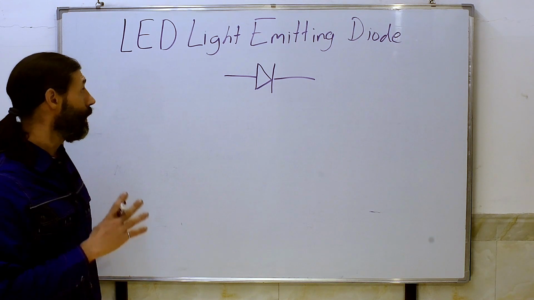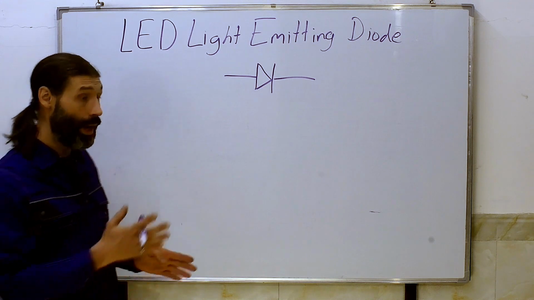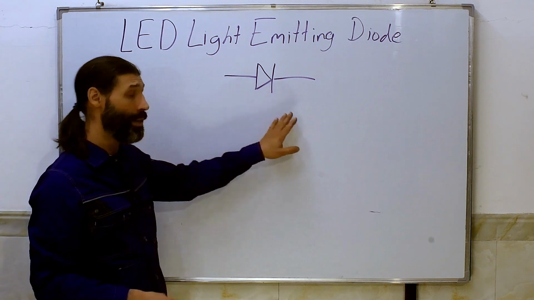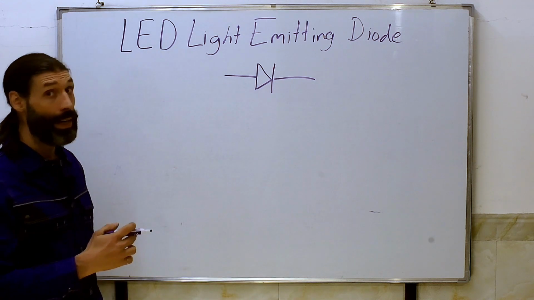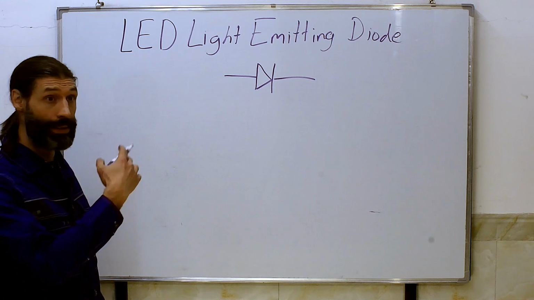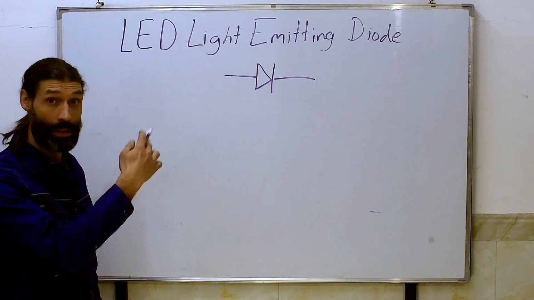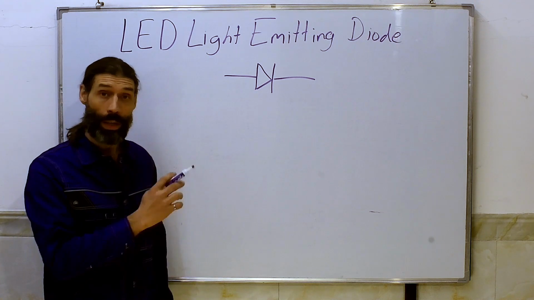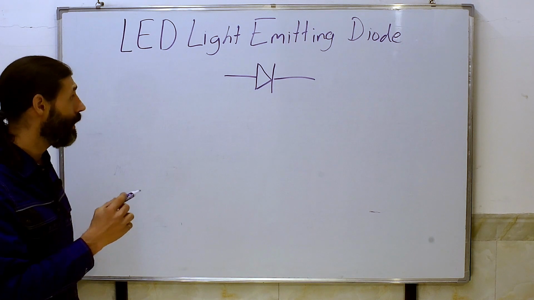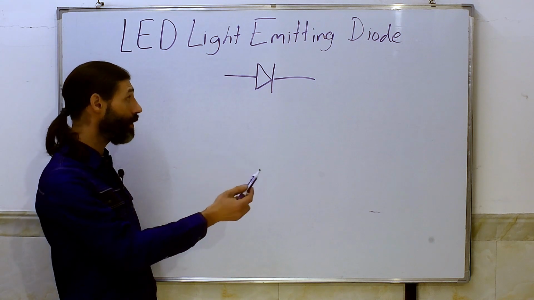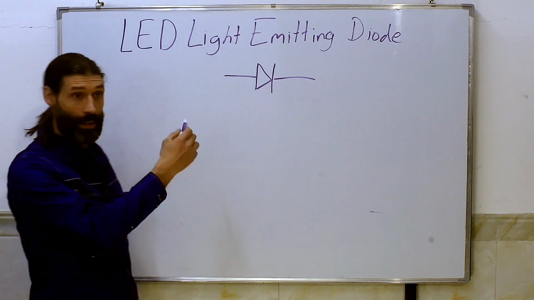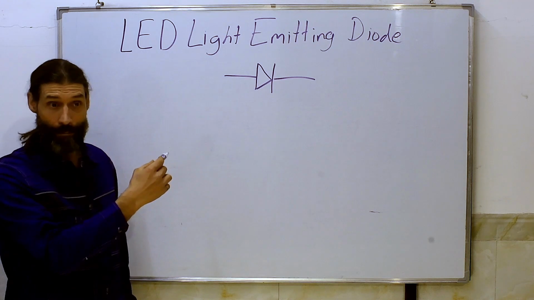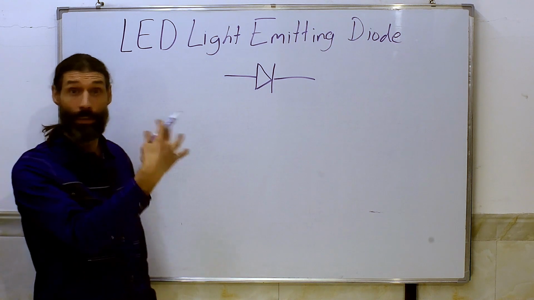And semiconductors, if you put two kinds of semiconductors together, and in this case it would be a P and an N junction, and you apply a high enough voltage across this junction, it starts to allow current to flow. But one of the interesting things is, as the charges flow across this junction, the electrons go from a high energy state to a lower energy state, and this excess energy is given off as a photon.